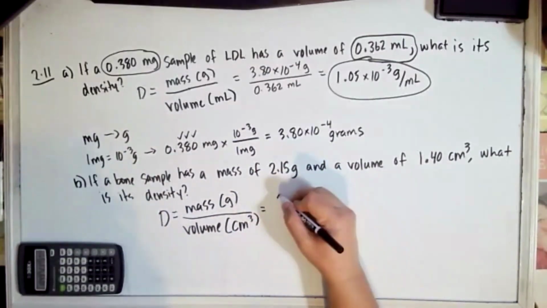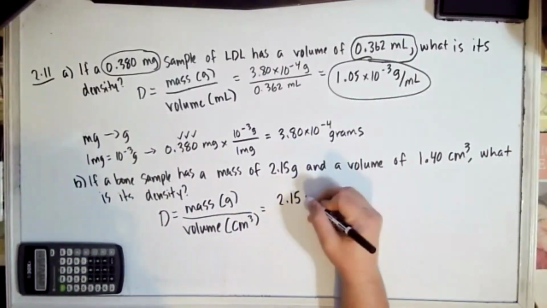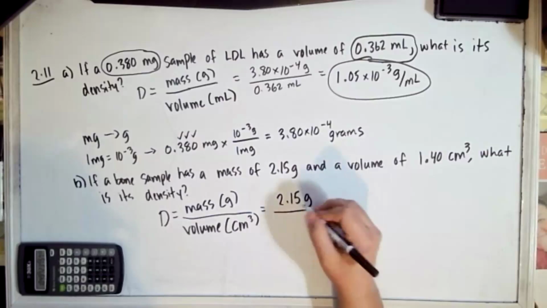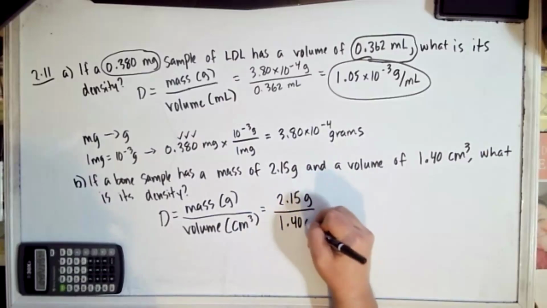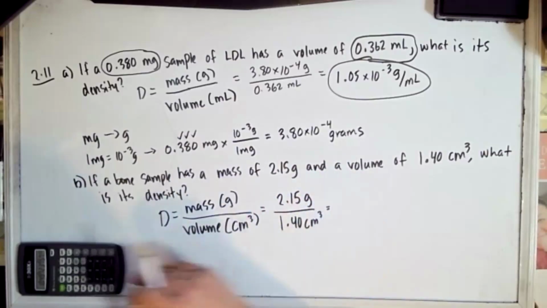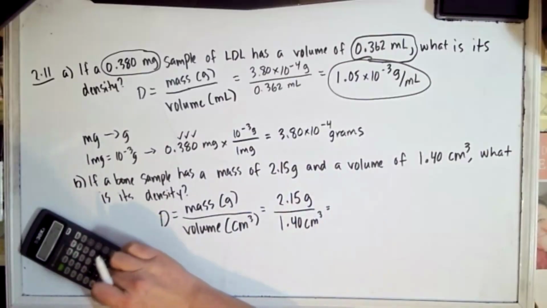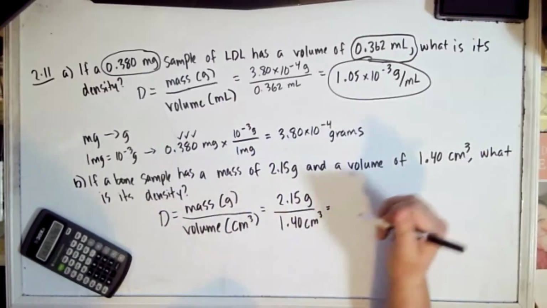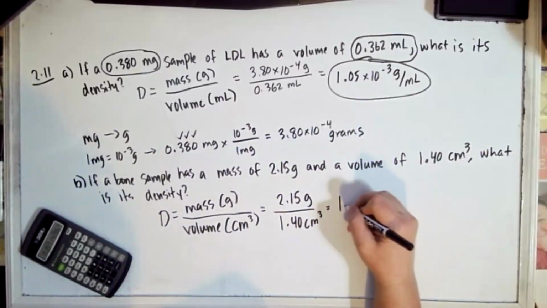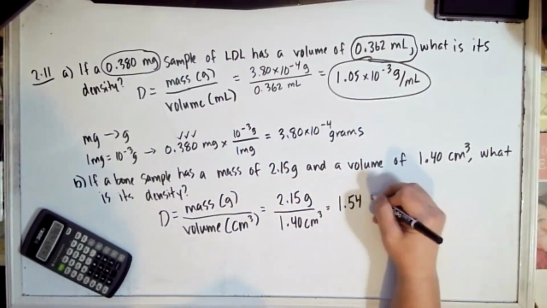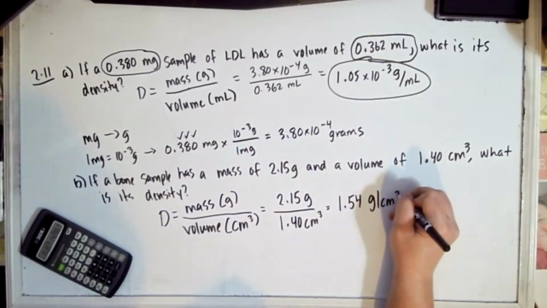Okay, and so we'll do 2.15 grams over 1.40 cubic centimeters. We end up with 1.54 grams per cubic centimeter.